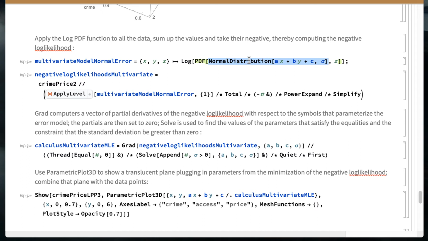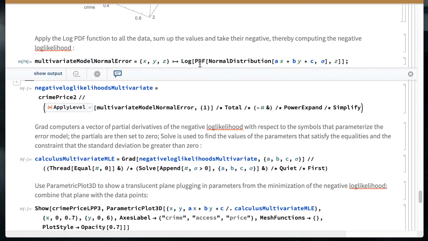We get a symbolic normal distribution. We apply that to our price data, which here is played by Z. And we take the log of this likelihood that we just computed. And so that's the first thing. Let's just tell the kernel, hey, now you know what the multivariate model with normal error is.